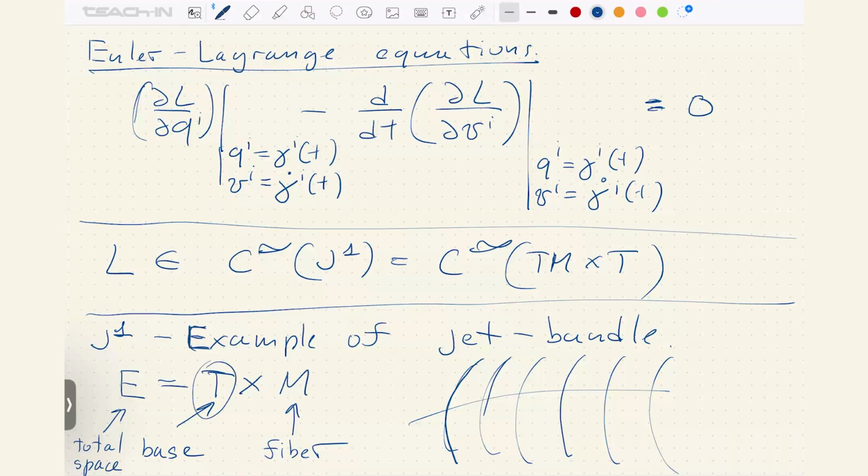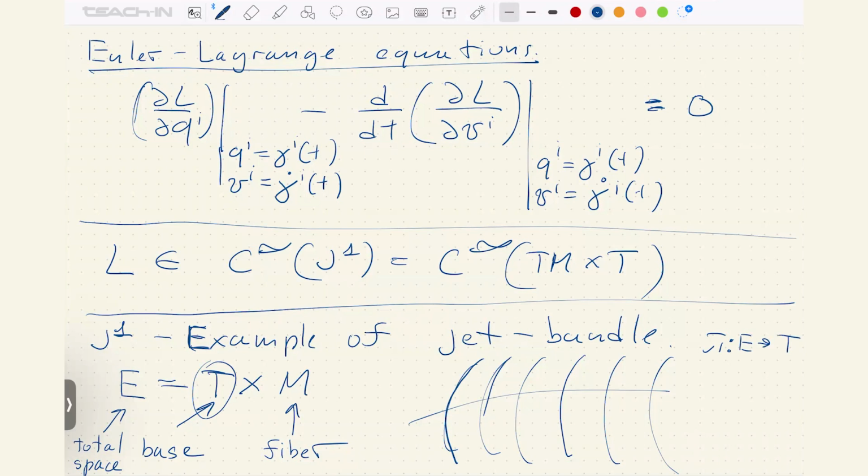It is this T. In our case, a fiber bundle of this sort, which is just a product of two manifolds, is called a globally trivial bundle because it's just a product. Of course, there is a projection, pi, the natural, canonical projection, which goes from E to T, right?